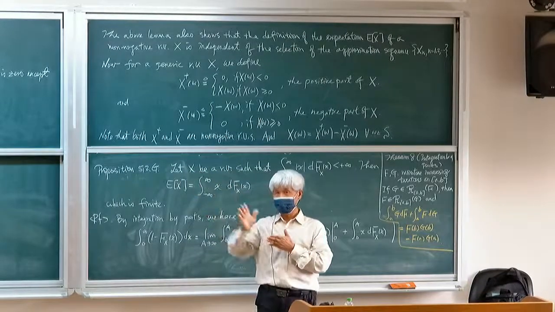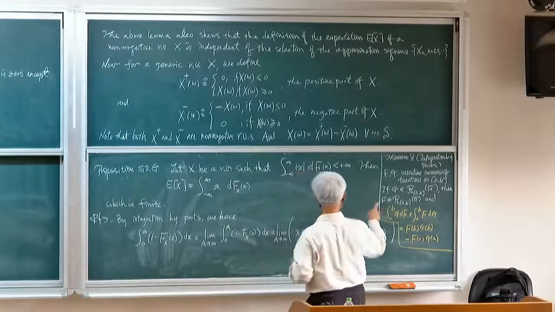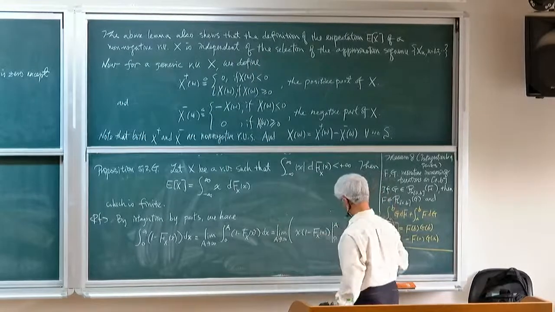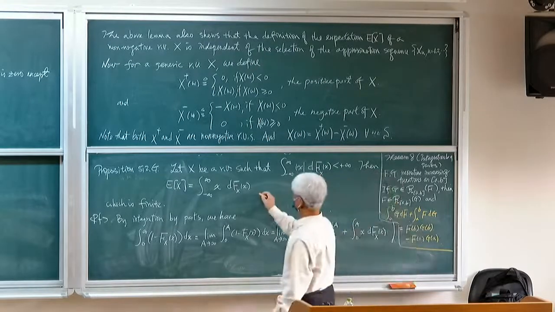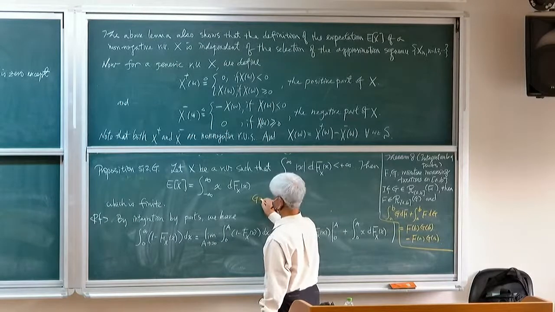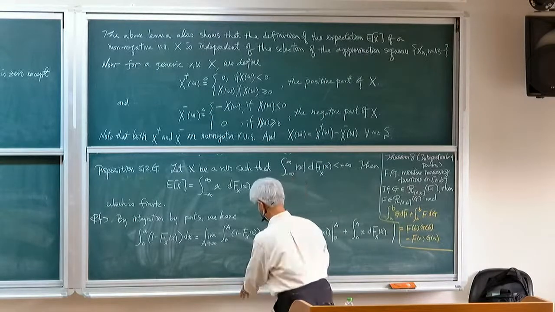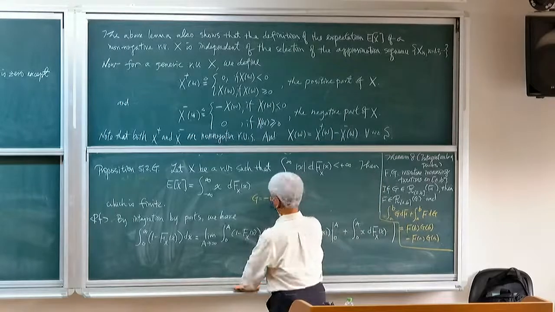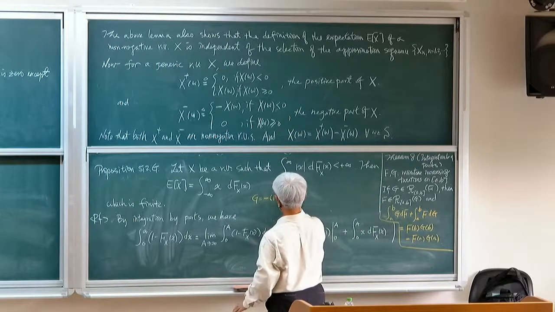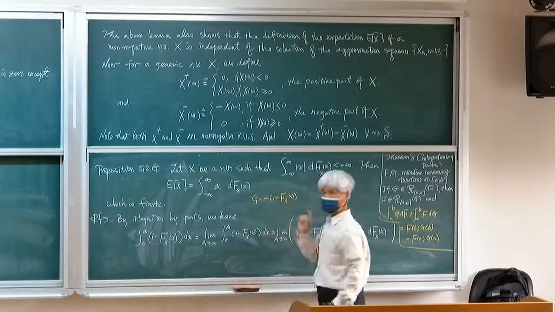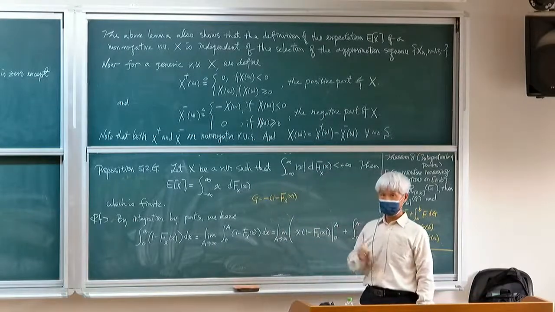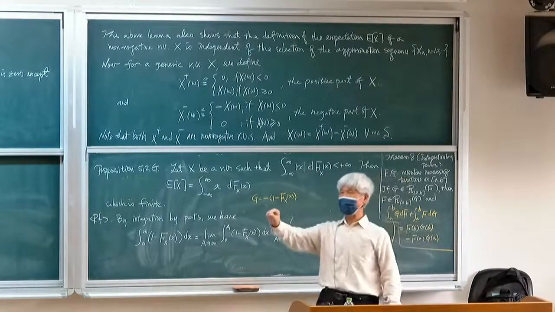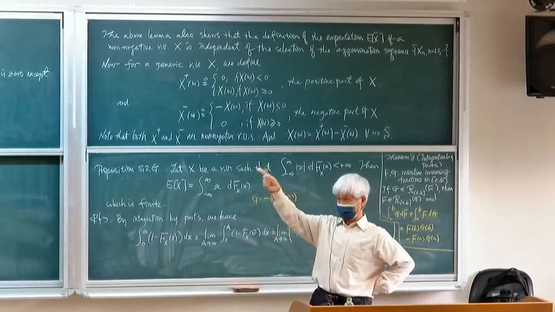So to use integration by parts, G should be minus (1 minus F). You change the sign: monotone decreasing becomes monotone increasing.